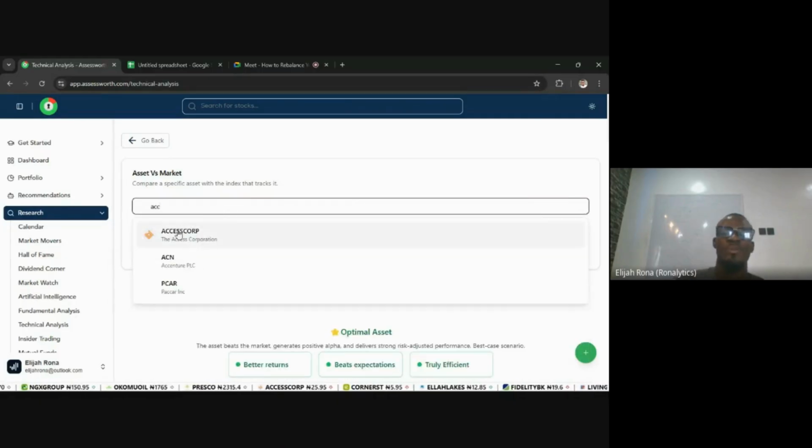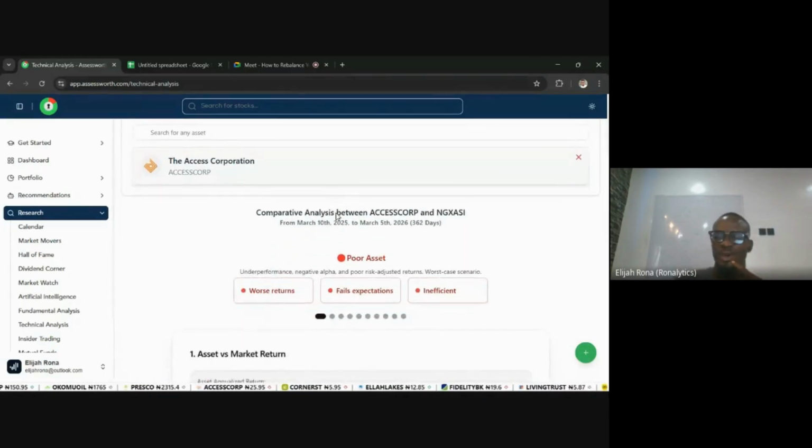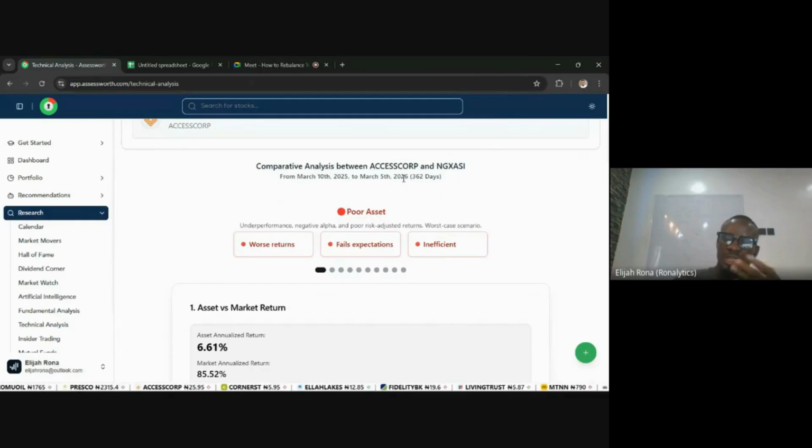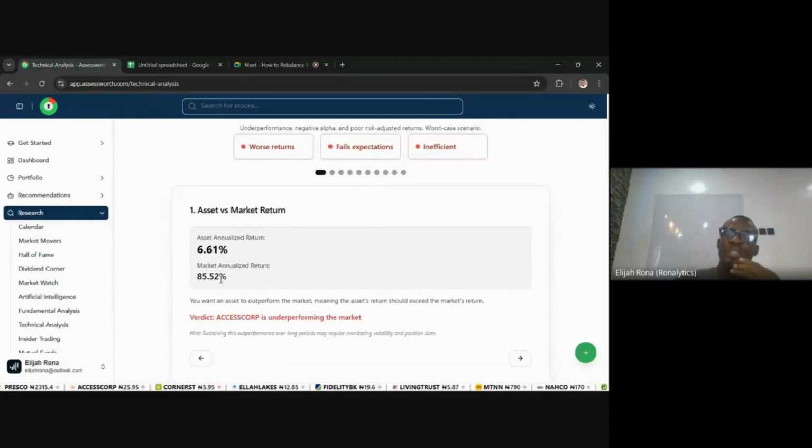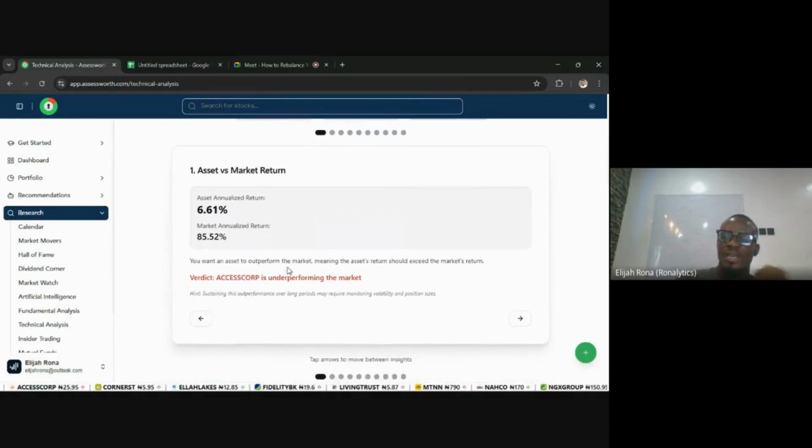Now let's look at our favorite stock of them all, Access Corporation. Access Corporation is poor. While the market in 1 full year has given around 85%, I don't mean year to date, I mean 1 full year, the NGX All Share Index has given around 85%.